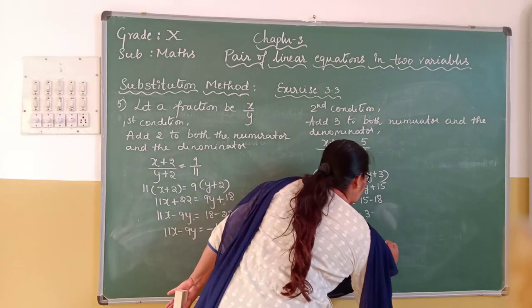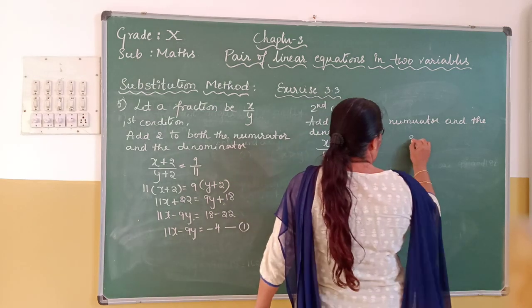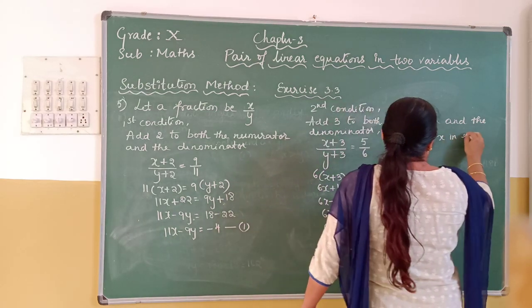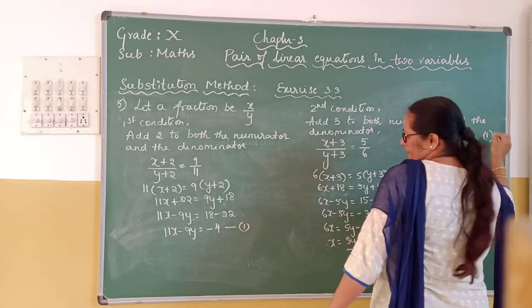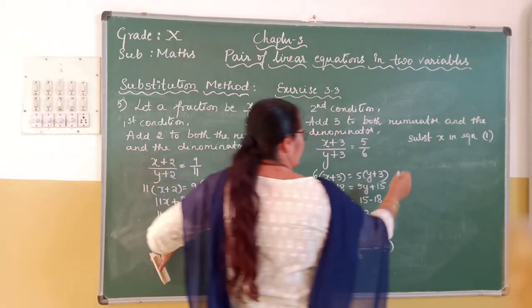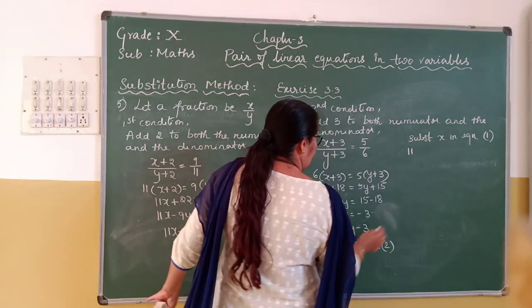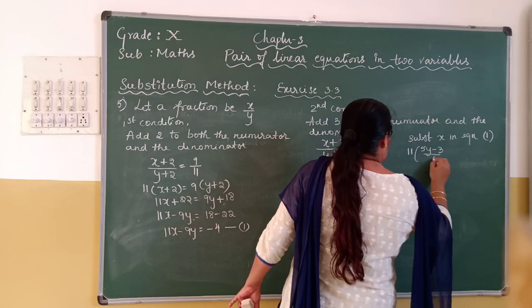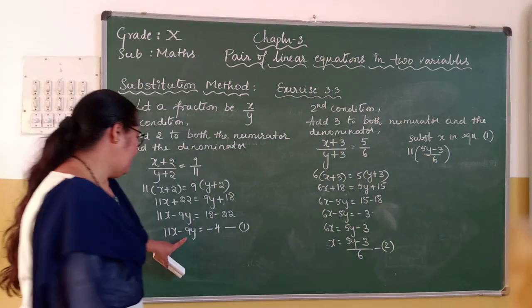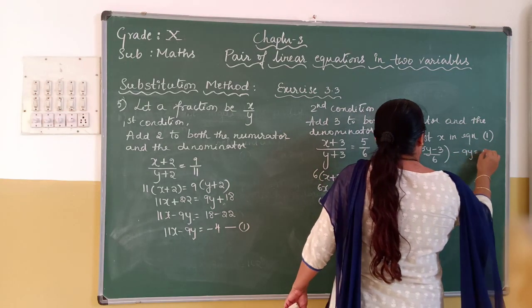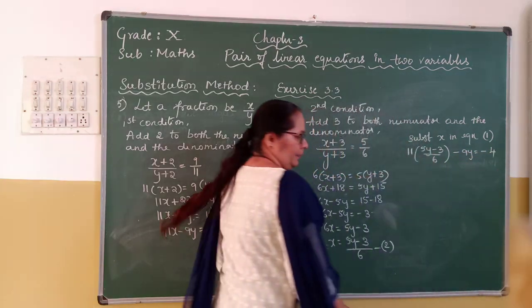So substitute x in equation 1. Equation 1 is 11x, where x is (5y minus 3) by 6, minus 9y equals minus 4.